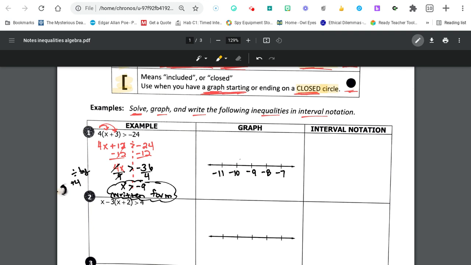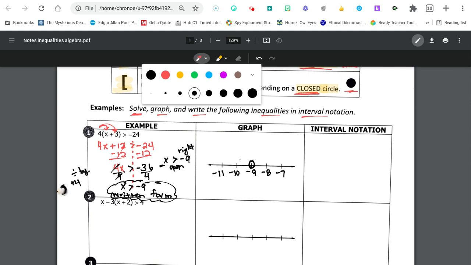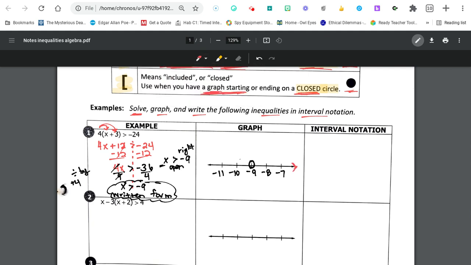On the graph, it is greater than, therefore it is an open circle because there's no equal to symbol. I'm going to put an open circle on -9. And greater than goes to the right if your variable comes first, and the variable does come first. Or you can say this arrow end looks like that inequality symbol. So you just shade to the right.